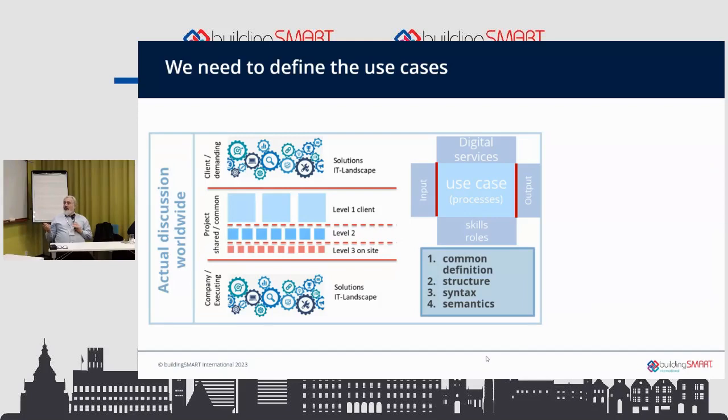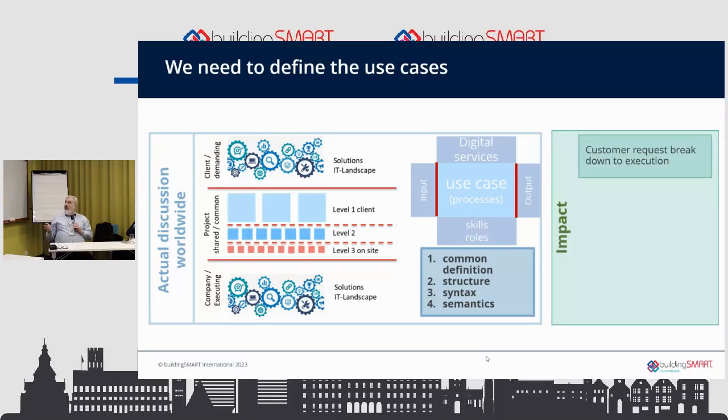So what we have to do is not too much, but it's something no AI can do for us. We have to define the common definition about what we do here. We have to define the structure we want to work in. We have to define the language we talk to each other to understand each other. So it's nothing rocket science. So the impact would be the customer request breakdown to execution.